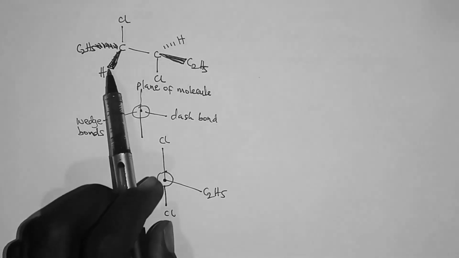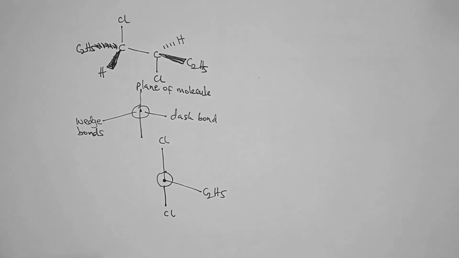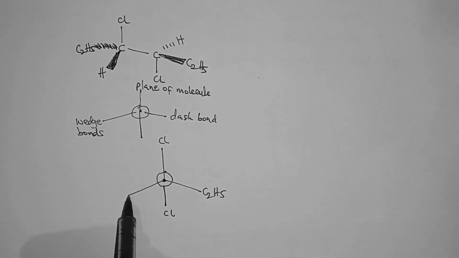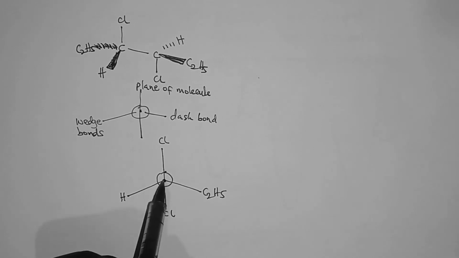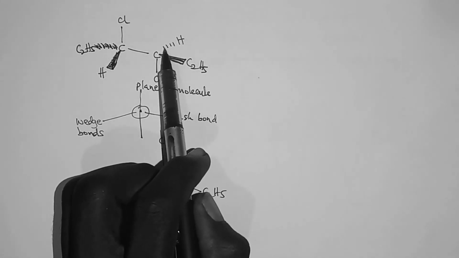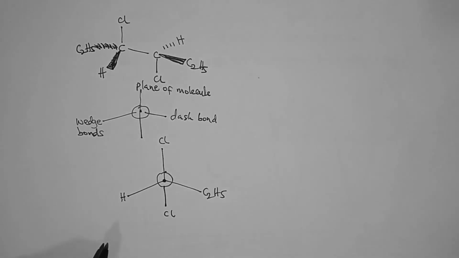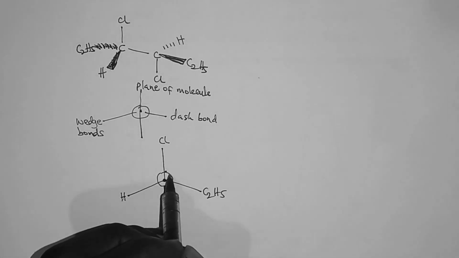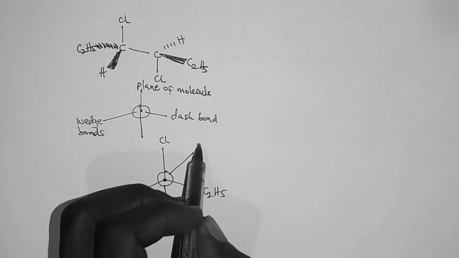And then what is coming out of the plane of the molecule is the proton. And that one is supposed to come on the left. So there is a proton here. And then for the carbon at the back, you see that it is the proton that is going into the plane of the molecule. So it means that this side is a proton.